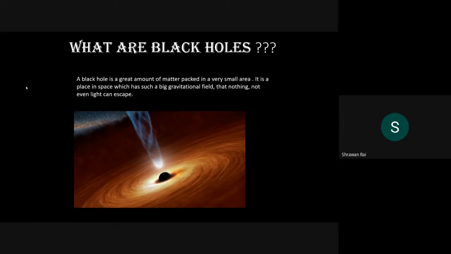What are black holes? A black hole is a great amount of matter packed in a very small area. It is a place in space which has such a big gravitational field that nothing, that is, no elements or atoms or even light can escape.